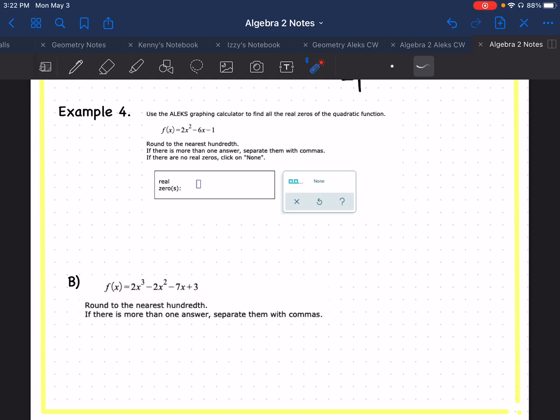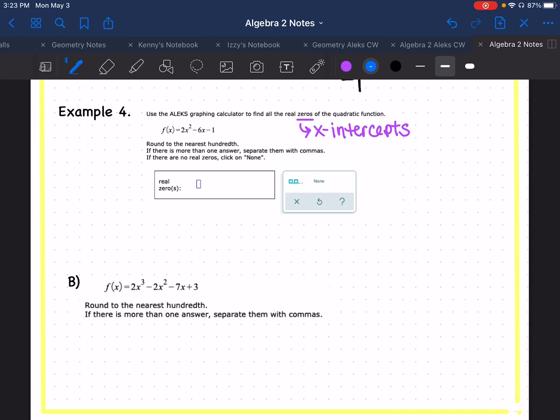I'm going to use my Desmos calculator, because when you're asked to find the zeros, what they're really asking you to find are the x-intercepts. Where is this graph intersecting the x-axis? That's all we have to figure out.